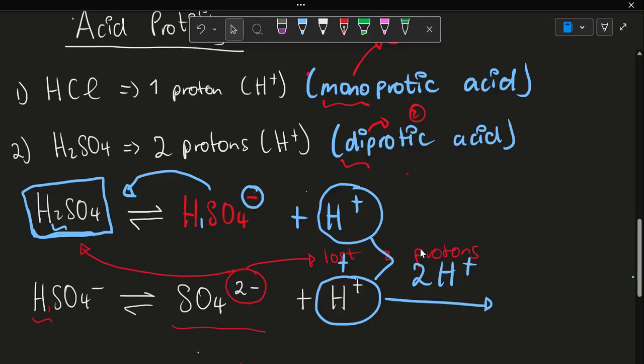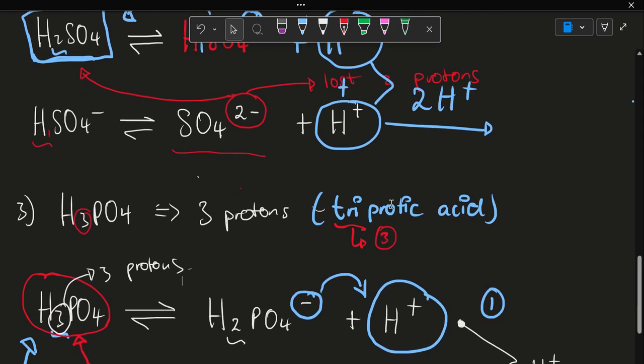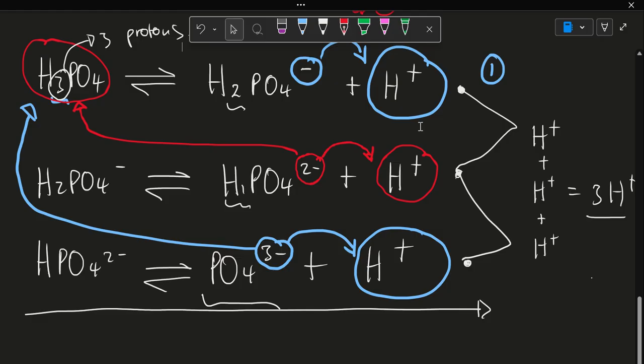We talked about acid proticity and how the number of hydrogen atoms in an acid tells me how many protons it can lose, right? Just very strict on the grade 11 content, it sticks to that part, right? It changes as your grades increase.